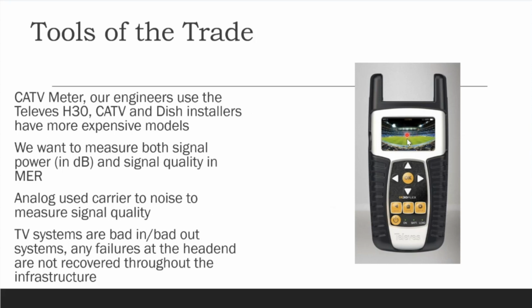The H30 Plus that we've been getting recently does actually have the ability to view channels on the monitor. That's not something that's being made up. That's an actual feature of the device. And it's going to allow you to see every channel within your system, the power, and the signal quality. Signal quality is MER, and we did talk about that just a little bit. MER, modulation error rate, is basically telling me what kind of problems I have within that signal.